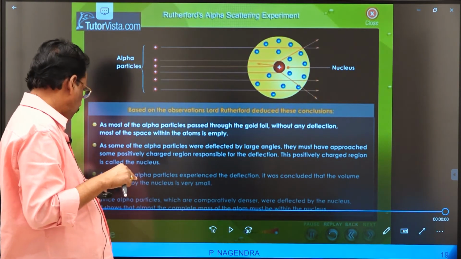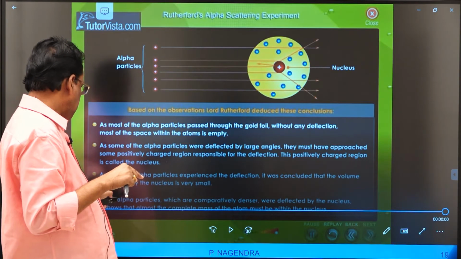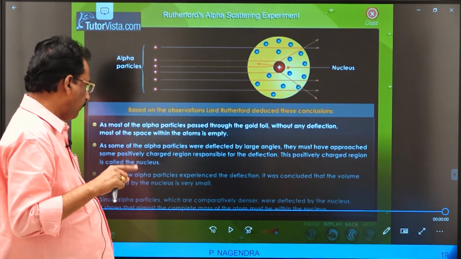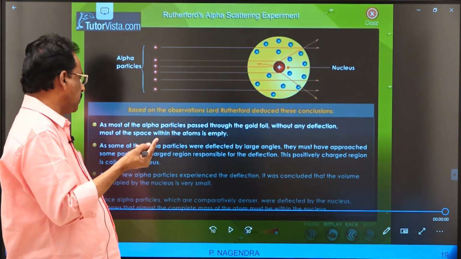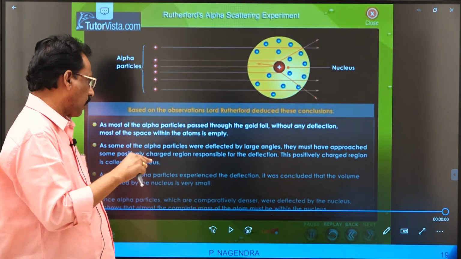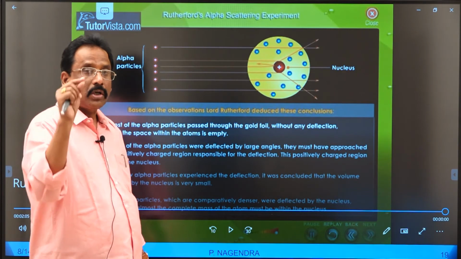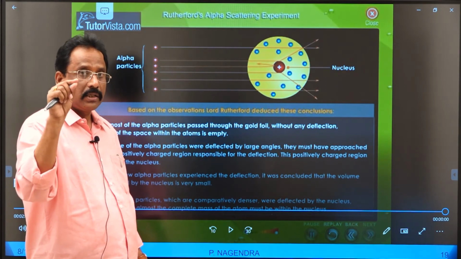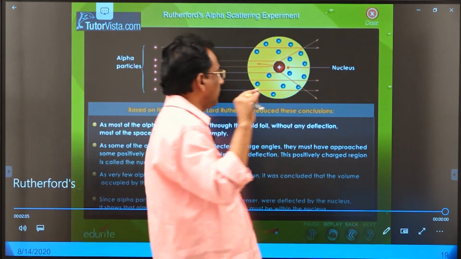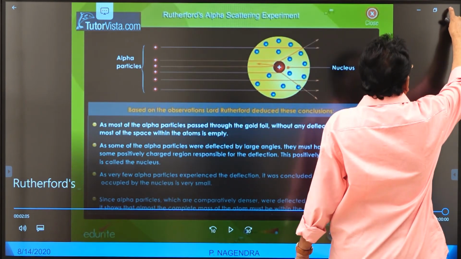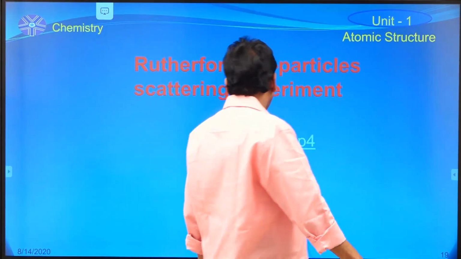And the fourth point is that the alpha particles, which are comparatively denser, that means their mass is more, are deflected by the nucleus, indicating almost all mass of the atom is concentrated at the center part of the atom, which he called the nucleus.